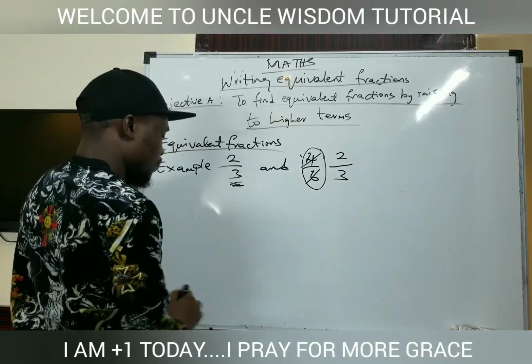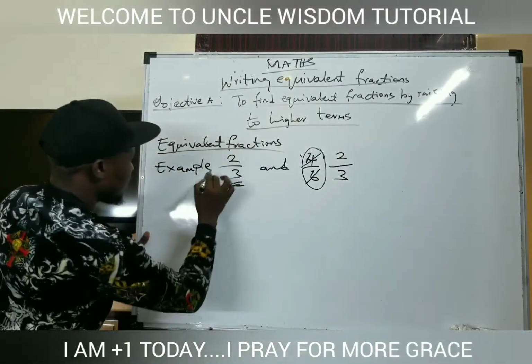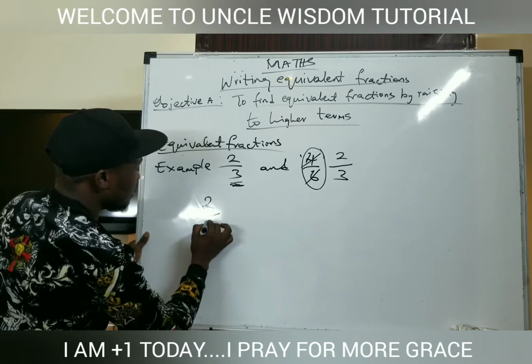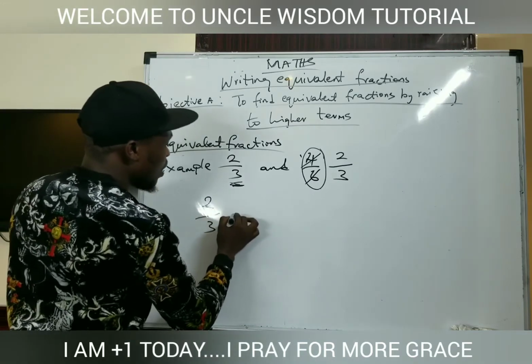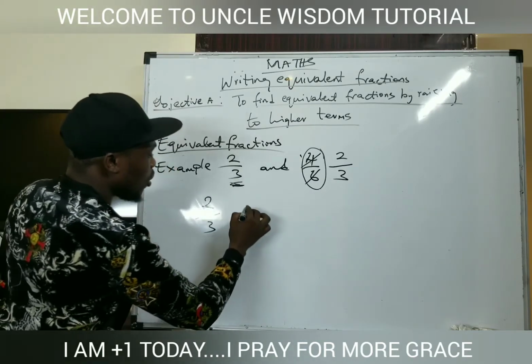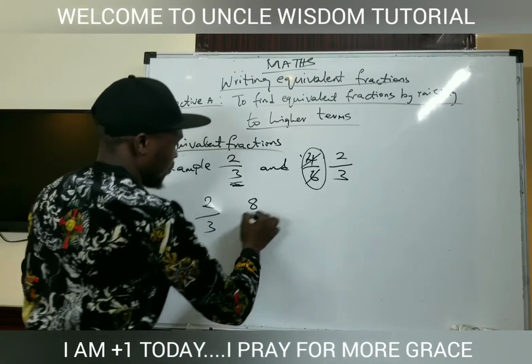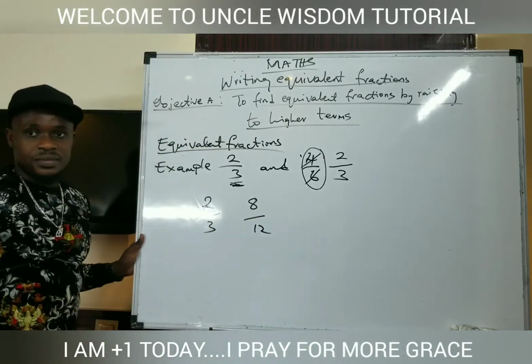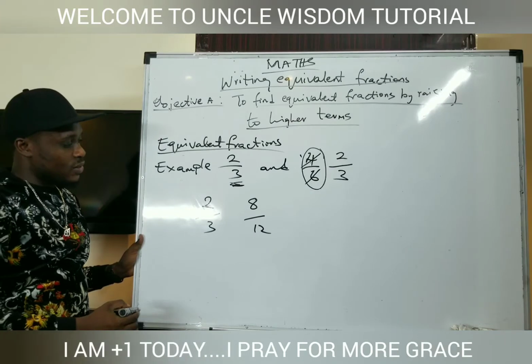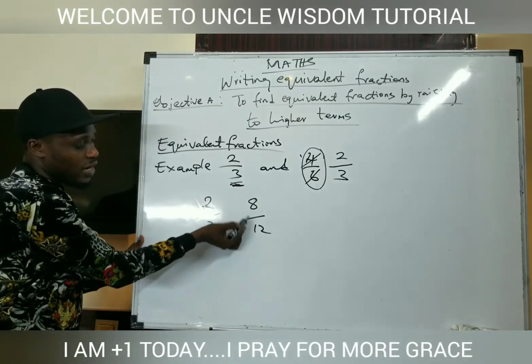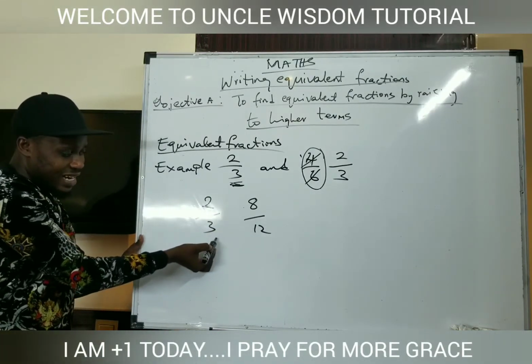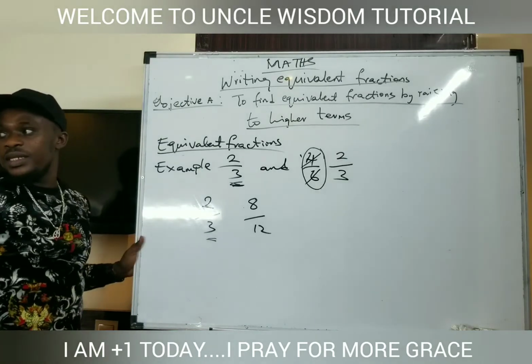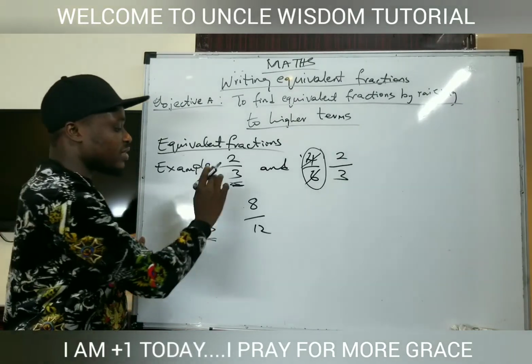And also, 2/3 is also equivalent fraction of 8/12. Two of them are the same. Once you remove the common factors in between two of them, you can still arrive at 2/3. Therefore, all of them are equivalent fractions.